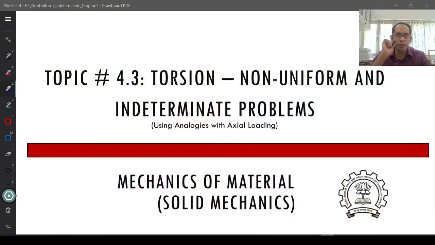That will help you immensely to derive the angle of twist or some of the other parameters. Let's first take a look at what the analogy is, and then see how this analogy will help us in easily solving problems related to torsion.